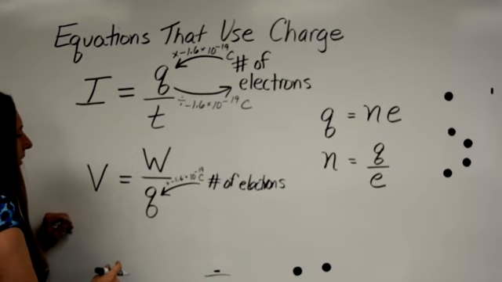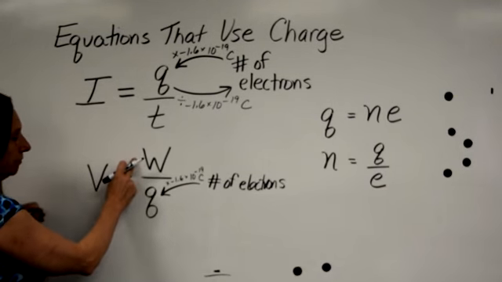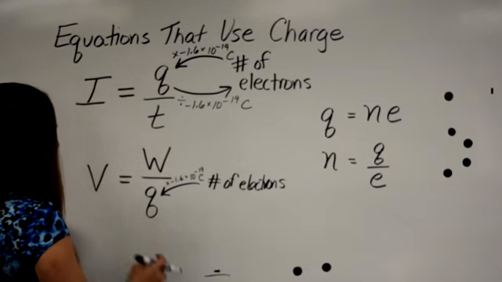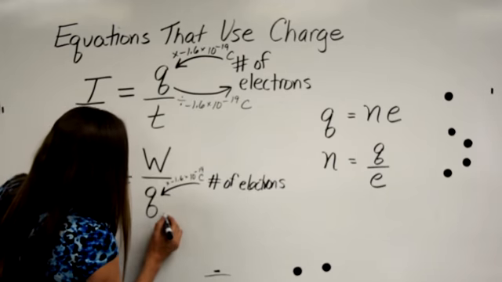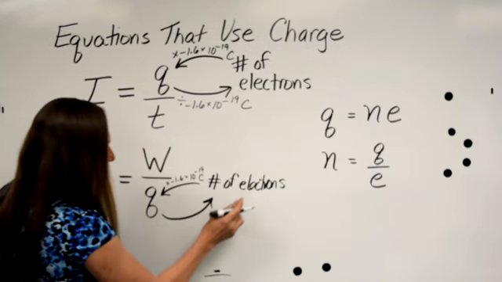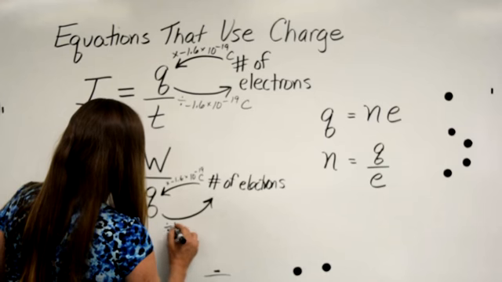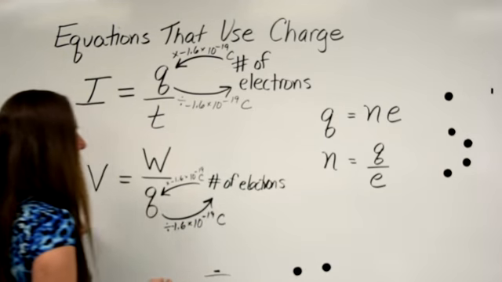If they give you the voltage and the amount of work, that's joules, and they ask you how many electrons that is, then you're going to take the coulombs that you get and convert that to how many electrons by dividing by negative 1.6 times 10 to the negative 19 coulombs.